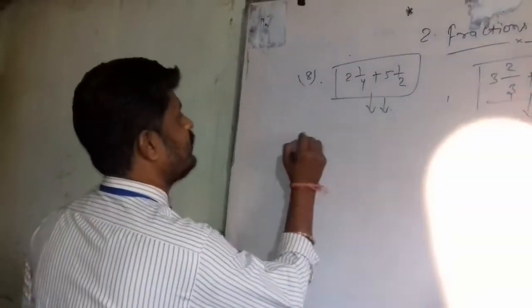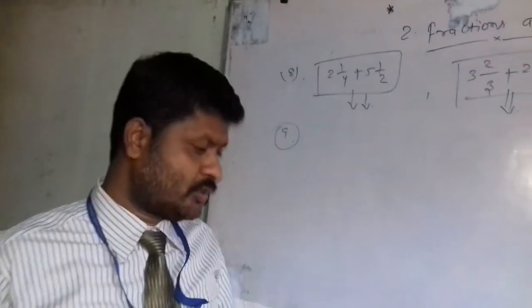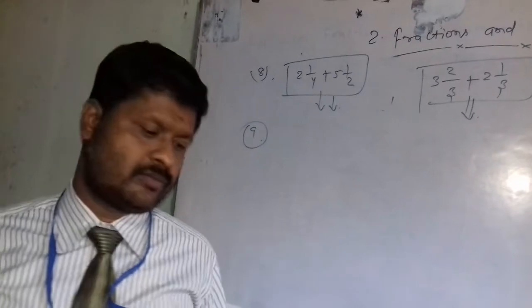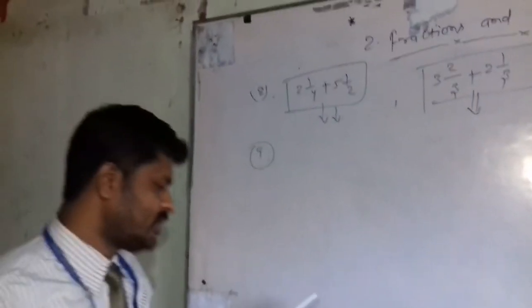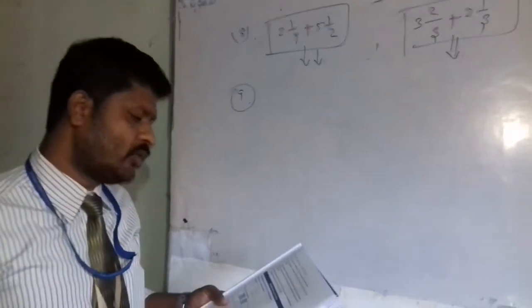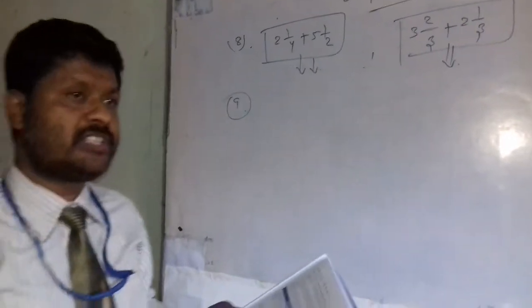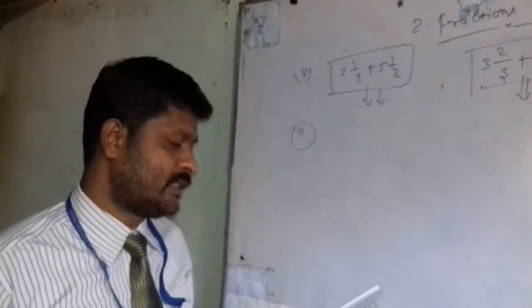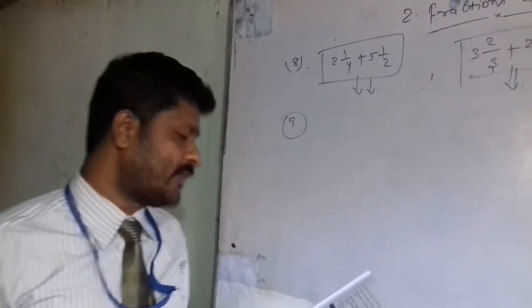Okay, in question number 9, Sunita bought a 10 kg box of grapes. She gave 3 whole 1 by 2 kg to Punita and 2 whole 1 by 4 kg to Anita. How many kilograms of grapes were left?